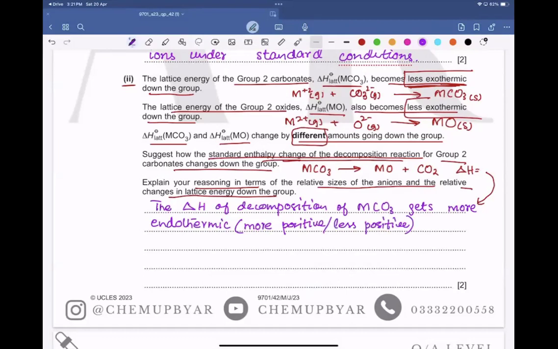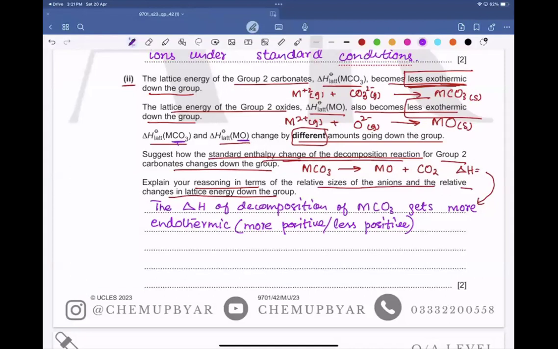Explain your reasoning in terms of relative sizes of anions and the relative changes in lattice energy down the group. Okay. So if you see, these are the anions, right?